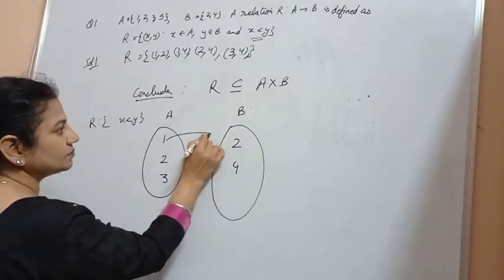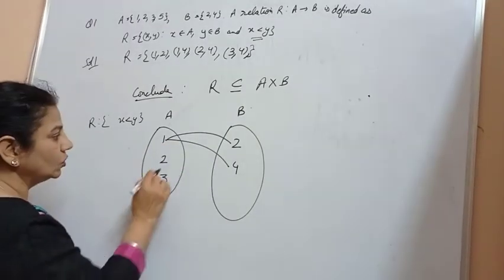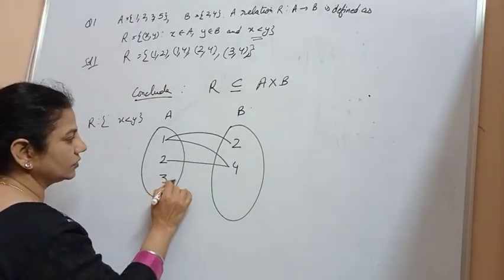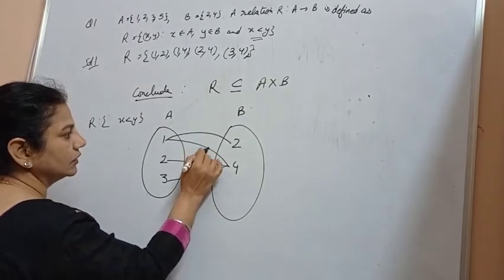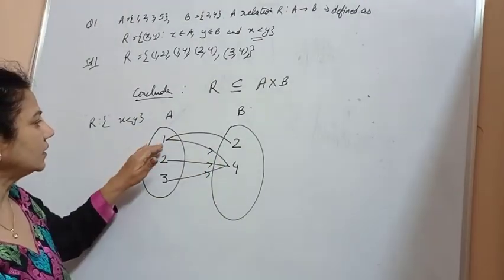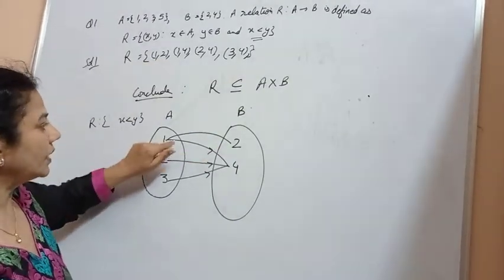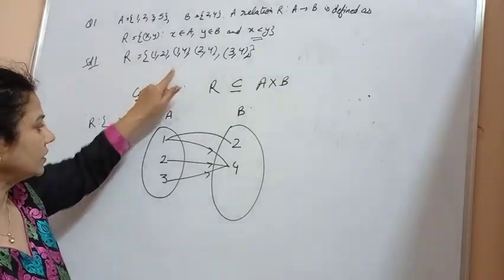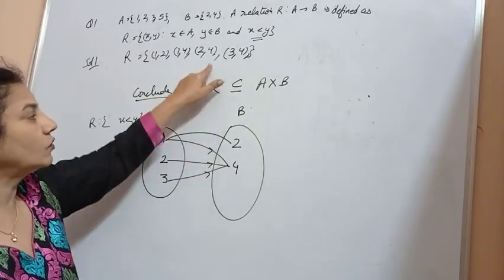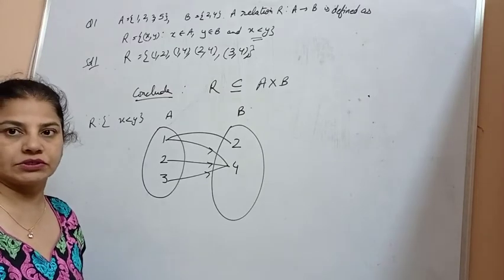So 1 is mapped with 2, 1 is mapped with 4, 2 is mapped with 4 and 3 is mapped with 4. This is how I explain it by the Venn diagram. It is clear that 1 is related to 2, 1 related to 4, 2 related to 4, 3 related to 4, which gives the required relation in this particular question.